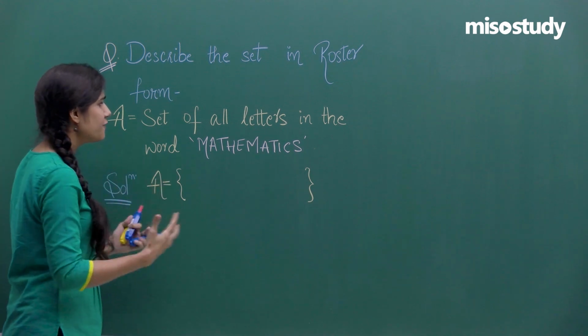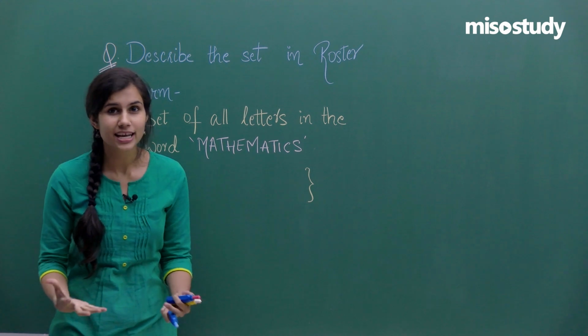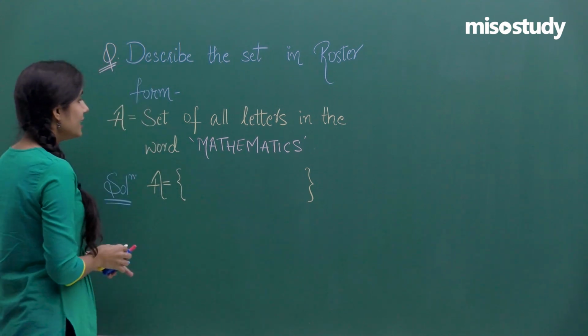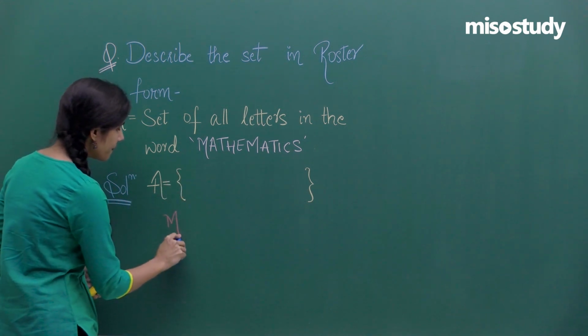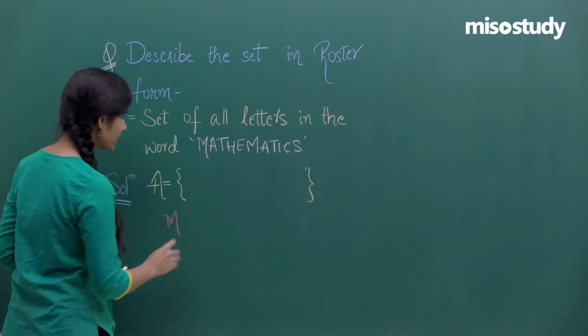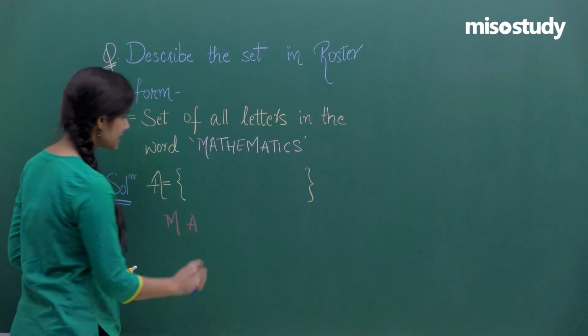So let us try and find out what letters in the word mathematics are actually used to complete this word. If we look at this carefully, M is used as a letter in the word mathematics. A is used as a letter in the word mathematics.